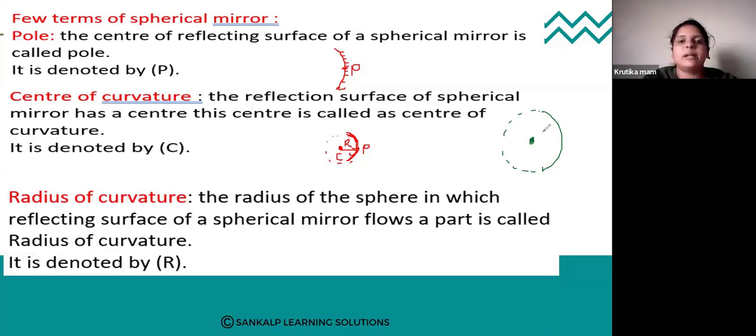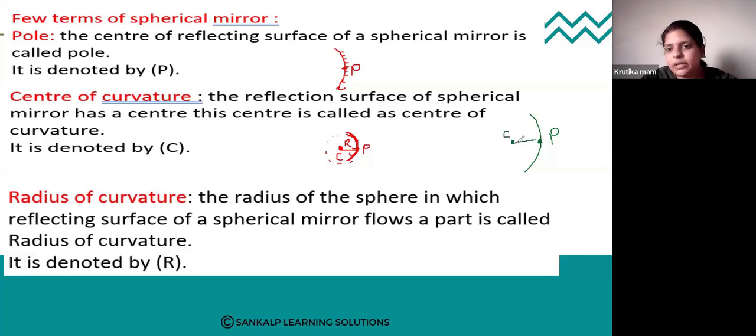That point is called the center of curvature. So now we studied two points. One is the pole, the center point of the reflecting surface. The other is the center of the spherical mirror, called the center of curvature, C.